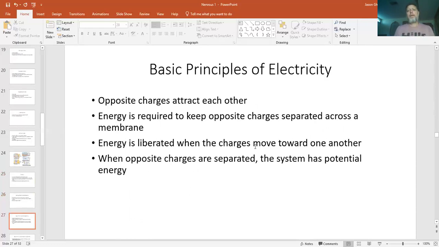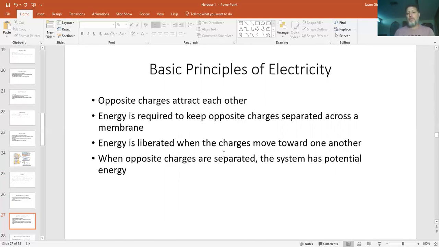All right, so let's look at some ideas about this here. Again, opposite charges attract. We kind of know that, positive, negative. Energy is required to maintain these, and we're going to get to this, but the resting membrane potential of the cells is that the outside of the cell is positive and the inside of the cell is negative. So that's a potential.